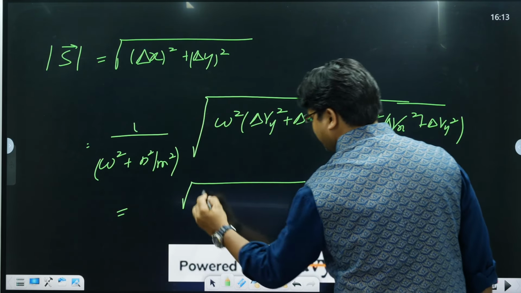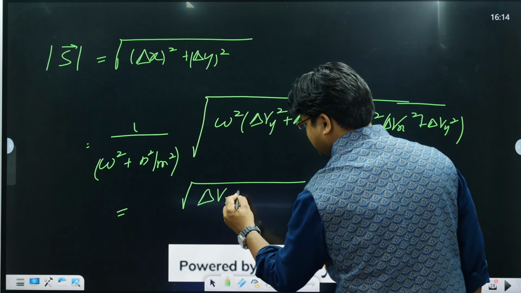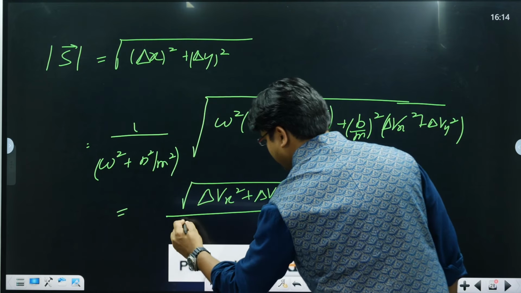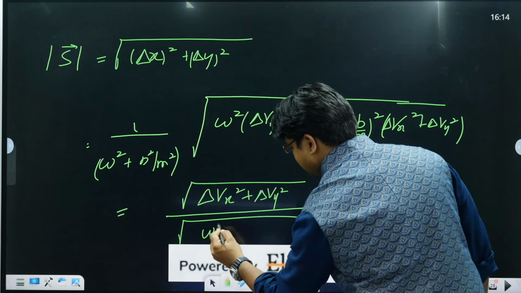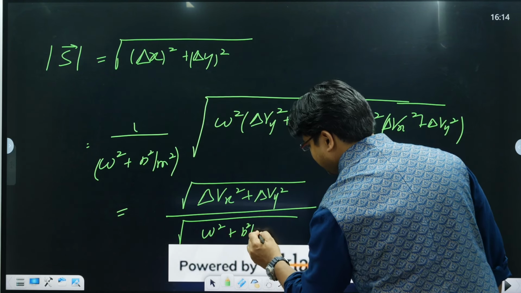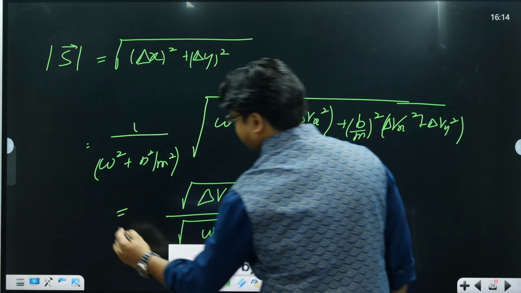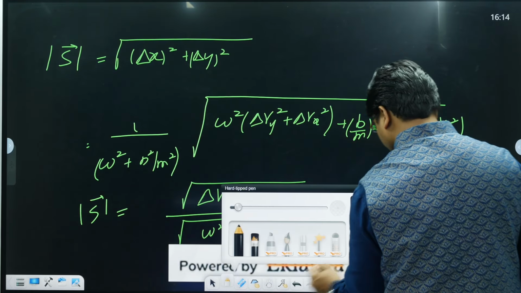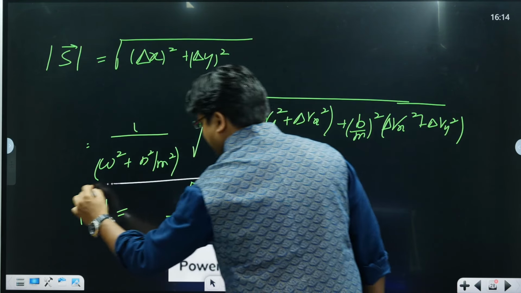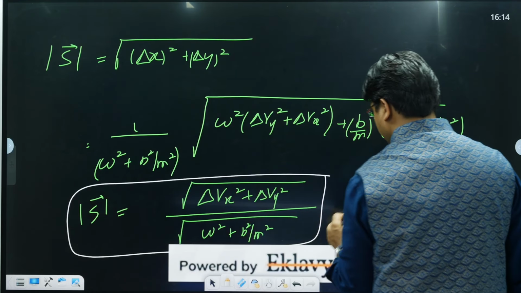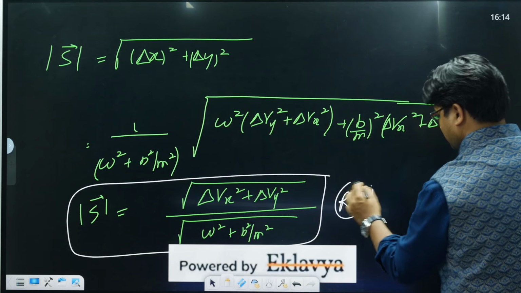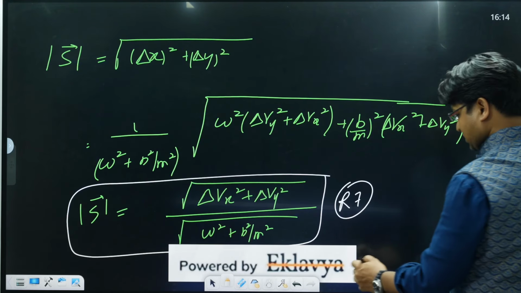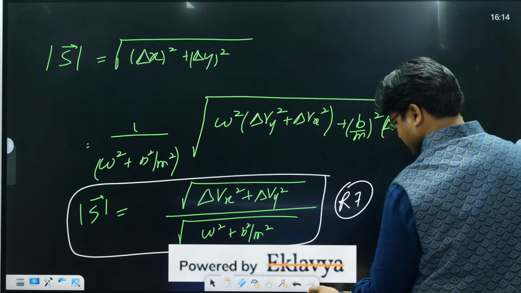It becomes root of delta Vx square plus delta Vy square divided by root of omega square plus B square by M square. So please remember this result also. Now we have obtained everything that we wanted to know, and we can now jump to solve questions. So that was result 5, and this is result 6.